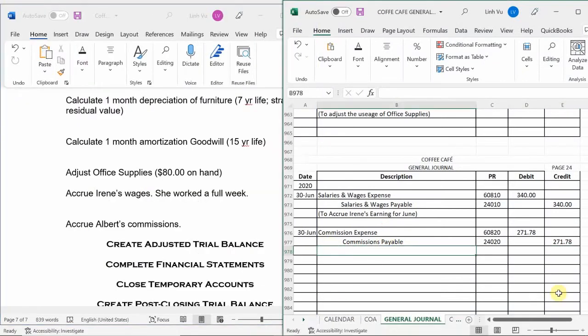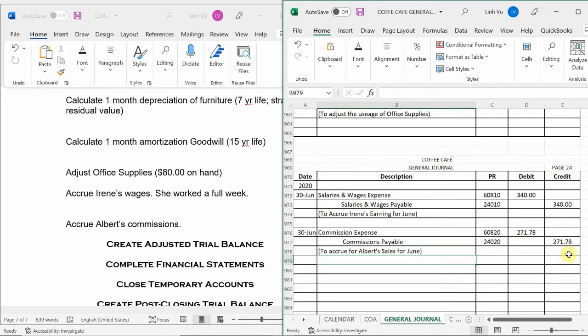And then your last note that you need to put in here is to accrue Albert's sales for June.